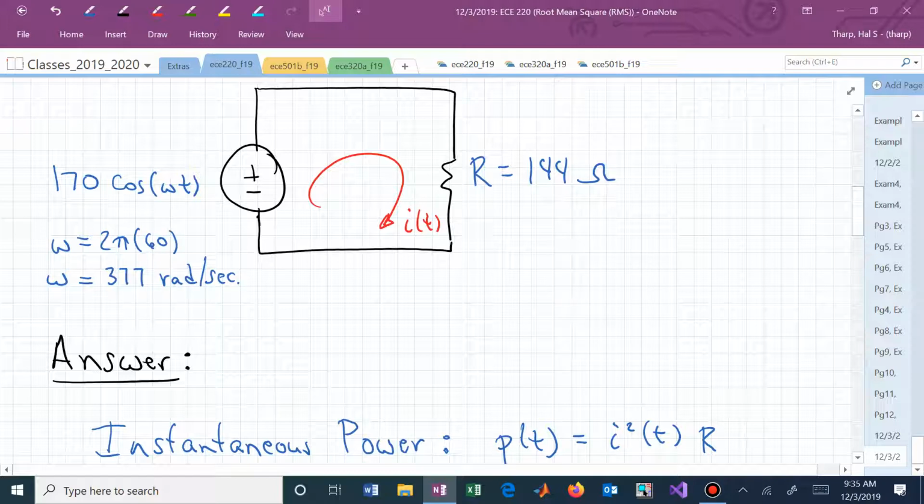That's Ohm's law. I we can find as a function of time in terms of our sinusoidal input.